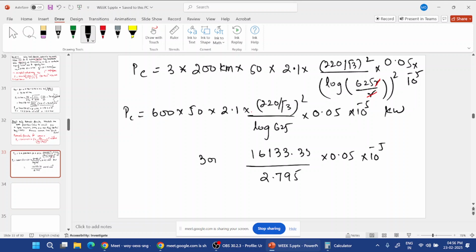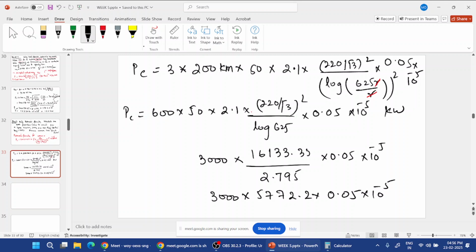So this will equal to 3000 into 16133.33 divided by 2.795. It comes out to be 3000 into 5772.2 into 0.05 into 10 raised to the power minus 5.